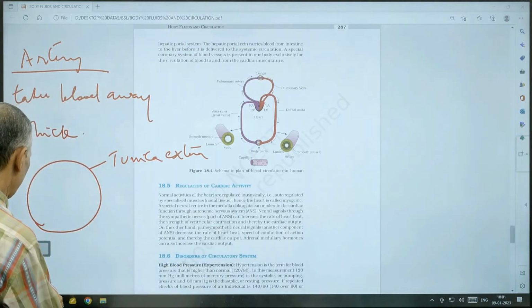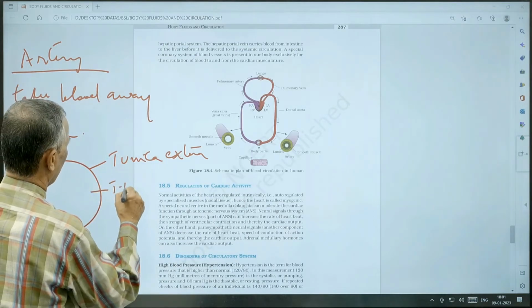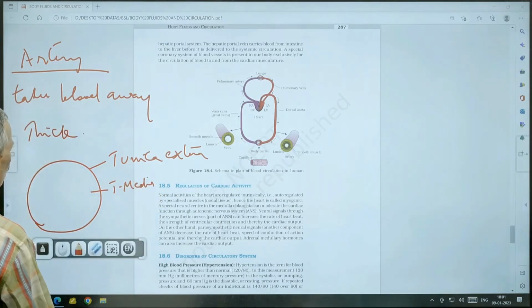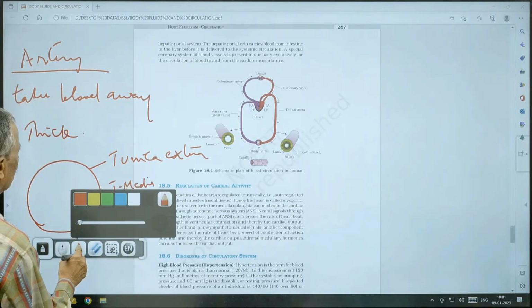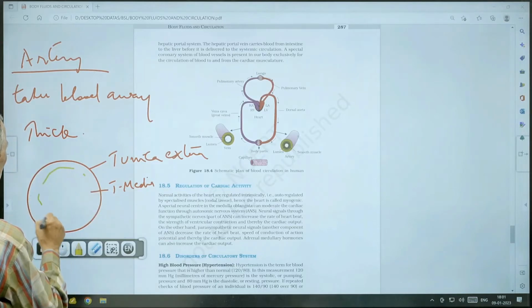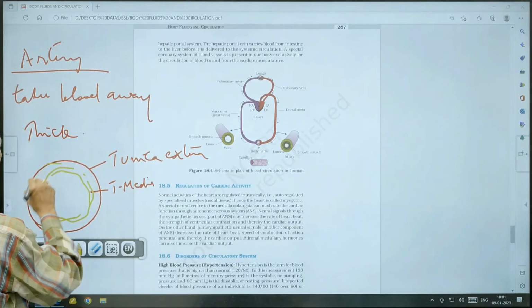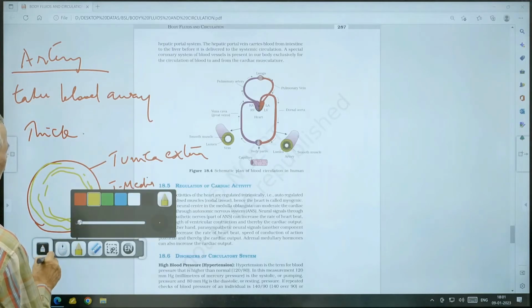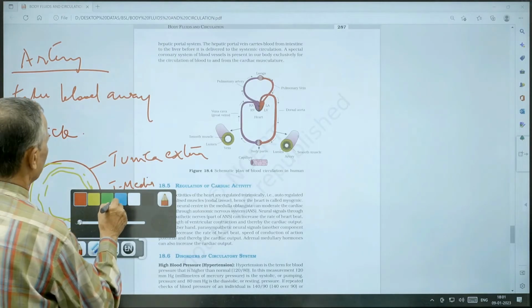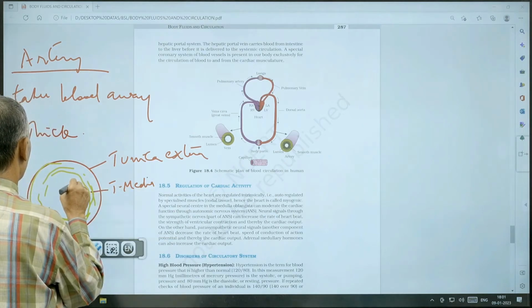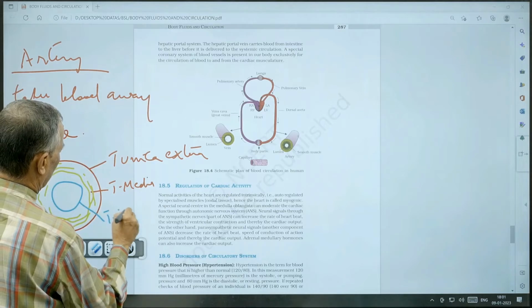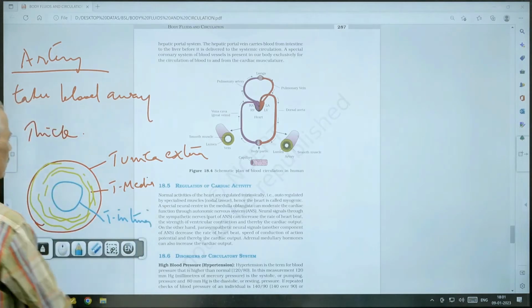The middle layer, called tunica media, is made up of smooth muscles. It is very thick. Tunica media. And the internal one is a very smooth layer, tunica intima, made up of squamous epithelium.